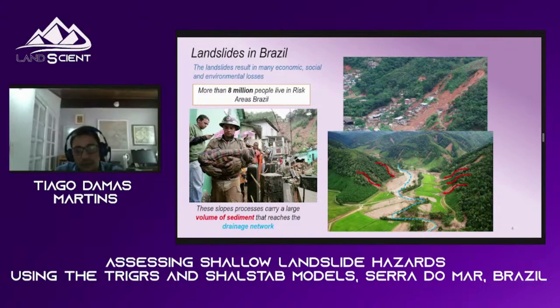And of course, these bottom valleys are in some places occupied by urban areas or by farmers.